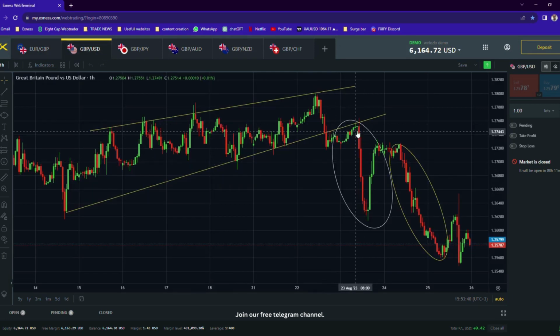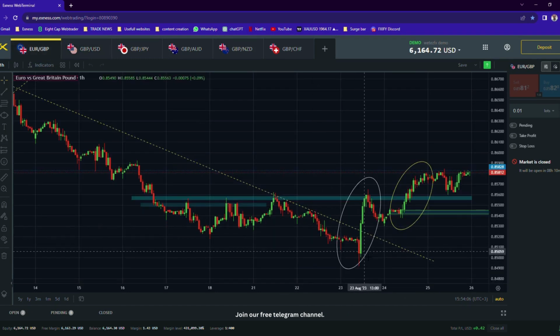So on 23rd, we had an impulse move to the downward side, a retracement to the support that was broken, and on 24th, we had a confirmation again to the downward side and an impulse move for the entire day on 24th. So it was a downward impulse move on 23rd, downward impulse move on 24th. Look at Euro GBP, impulse move on 23rd to the upward side, and another continuation move on 24th.